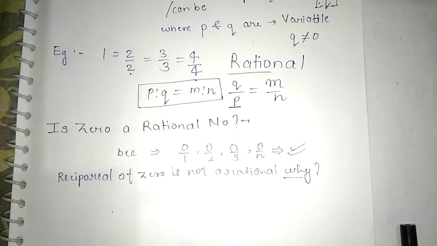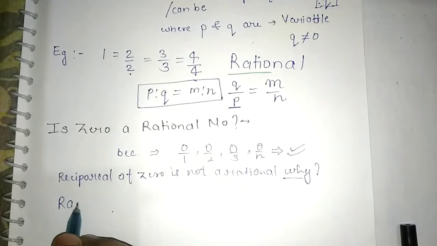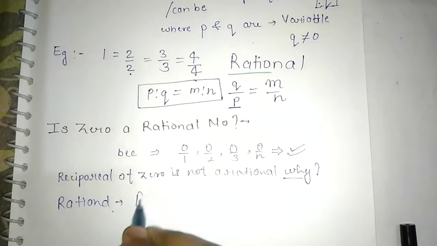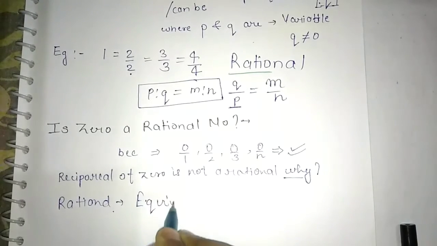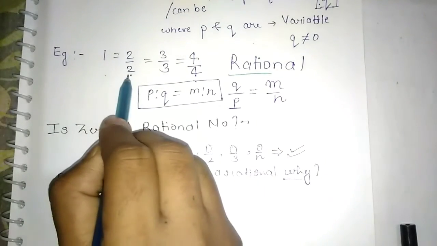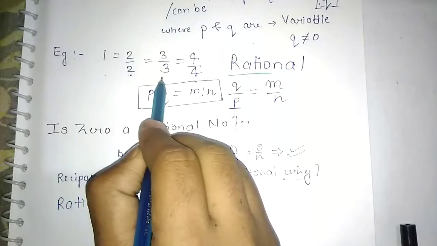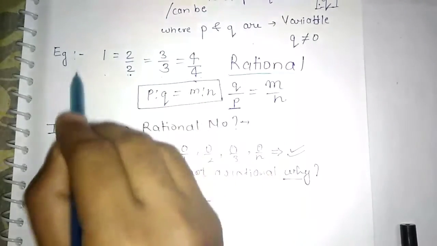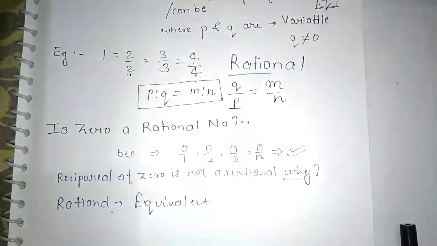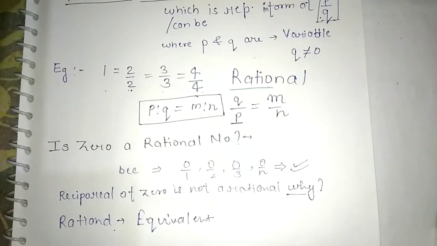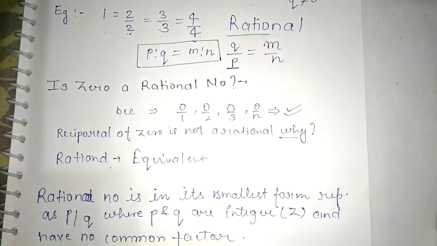Next we will talk about a rational number in its smallest form. We have equivalent rational numbers also, as I showed you, that 1 is represented as 2 by 2, 3 by 3, 4 by 4. They are called equivalent rational numbers. So we have another definition of rational number, which is written here.